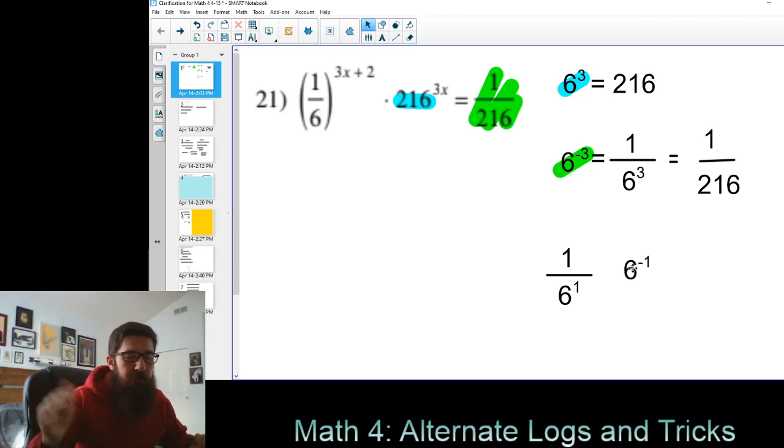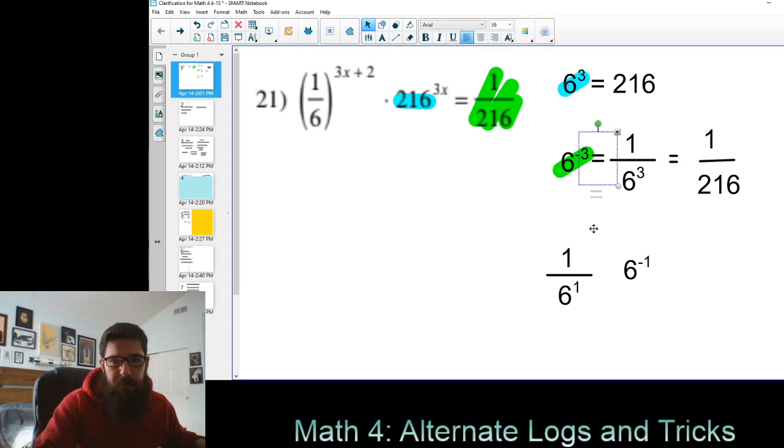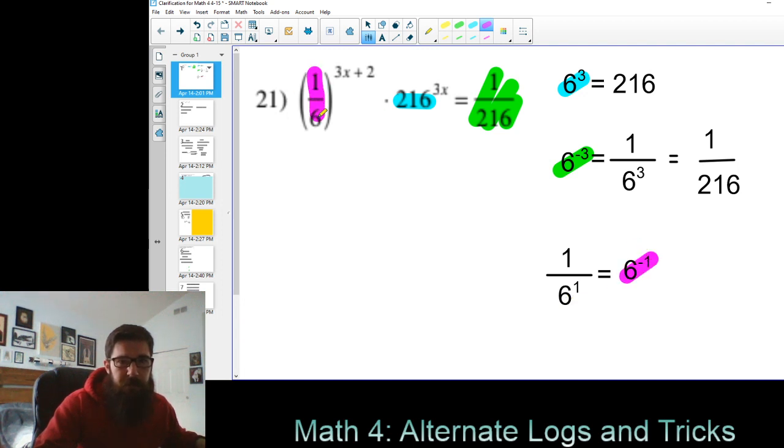We know how to move those exponents around to clean any of these pieces up. So I'm taking this 1 over 6 right here, which is the same as 1 over 6 to the 1st, and I'm able to rewrite that as 6 to the negative 1. So I'm going to move all this stuff over to the side.